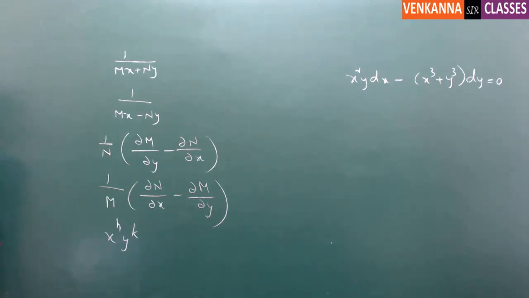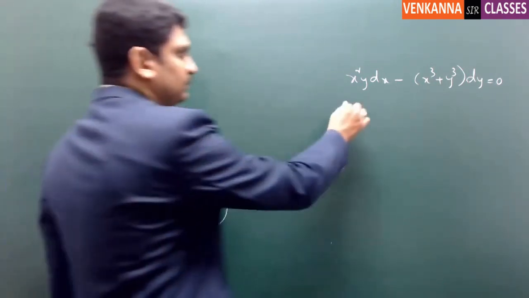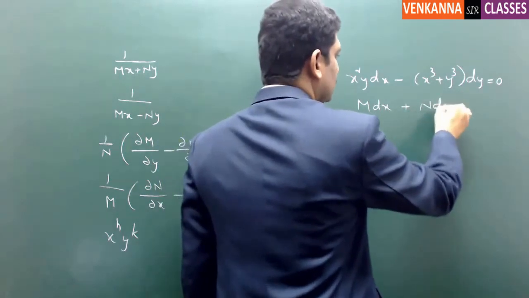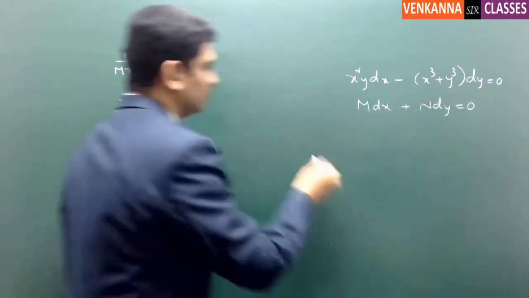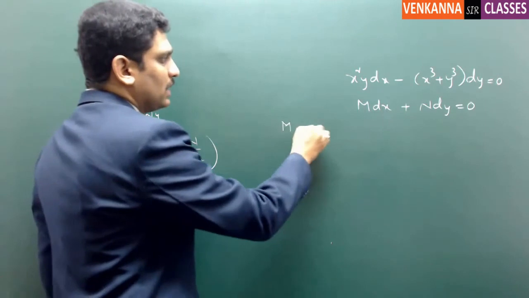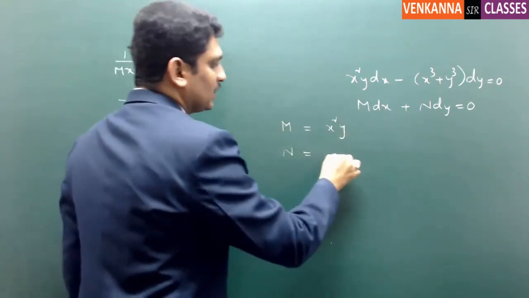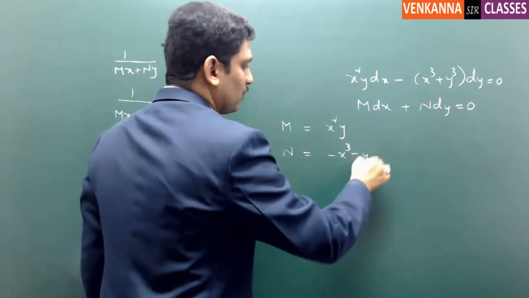So from the given problem, comparing the given differential equation with m dx plus n dy equal to 0, we have m equals x square y and n is equal to minus x cube minus y cube.